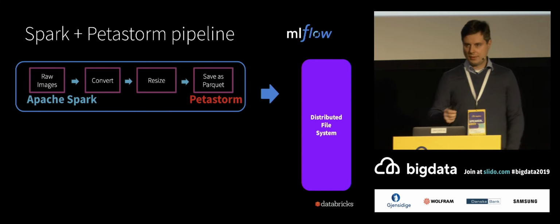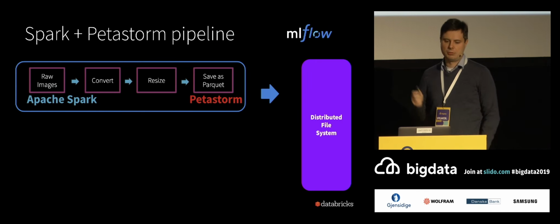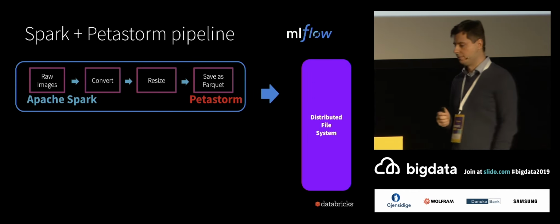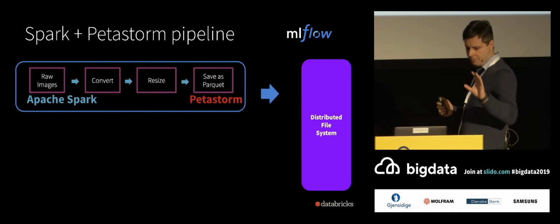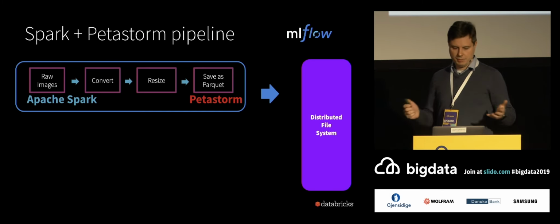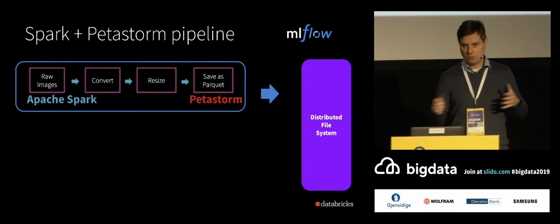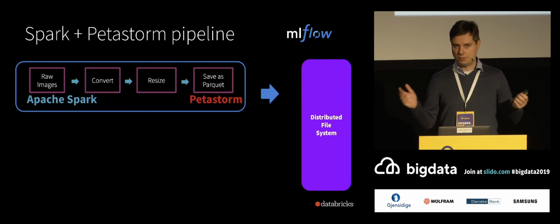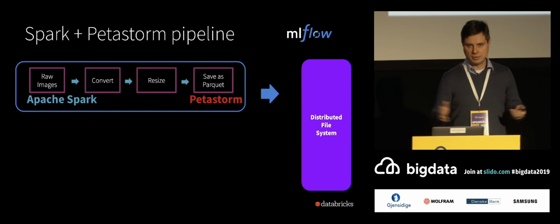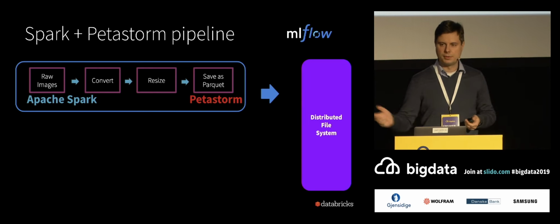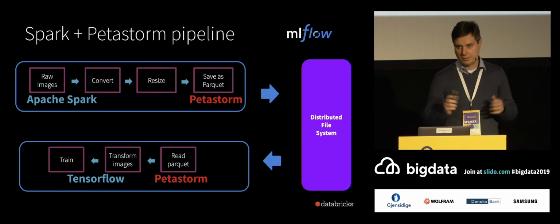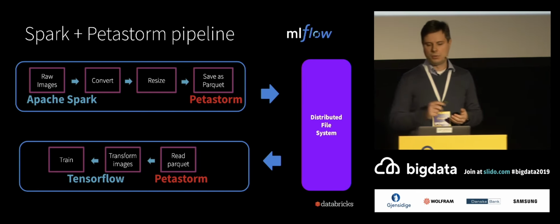So let's take a look in more detail at how our pipeline will look, and which pipelines we are going to have. We're going to use Apache Spark for preparing our images, and then we will use Petastorm for saving them as Parquet, and we will save it to some distributed file system. I'm going to show all this on Databricks, so we will use the Databricks FUSE file system, but it can also be HDFS in case you're doing it on your own Hadoop cluster.